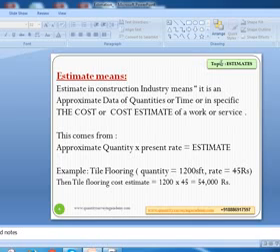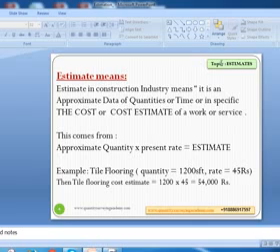Now let me tell you with an example. For example, I am taking tile flooring. Let us assume the quantity we have got for tile flooring is 1200 square feet, and I am taking the rate as 45 rupees, which includes material, manpower, and the required other tools and machinery.